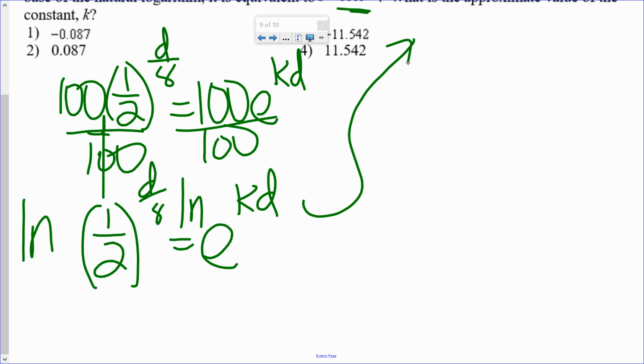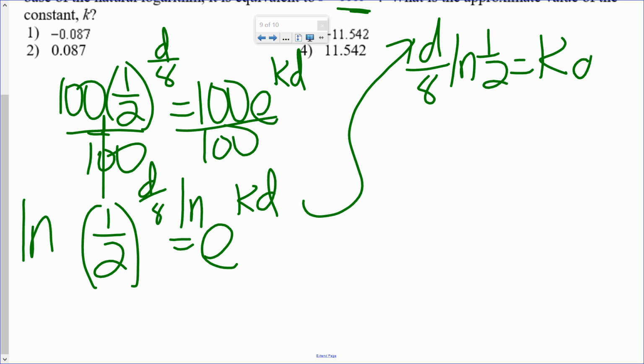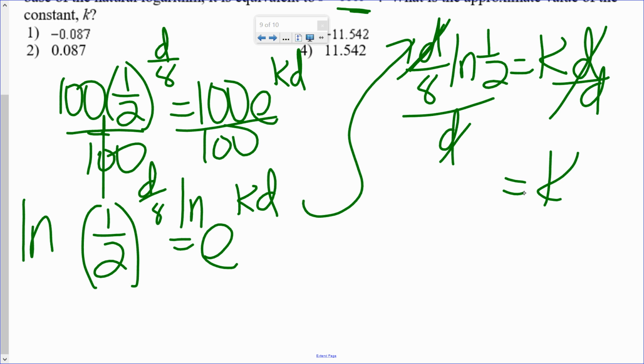That's going to give me d over 8 ln 1/2 equals kd. I hope the fraction isn't a problem. If I just divide away the d, the d is gone, and I'm left with k equals ln 1/2 over 8.